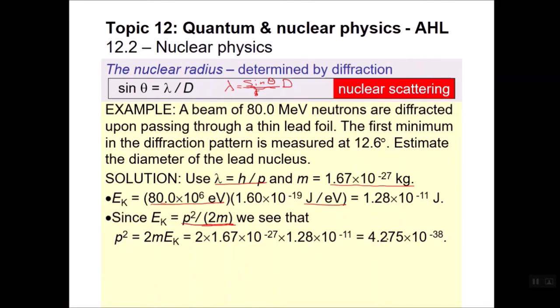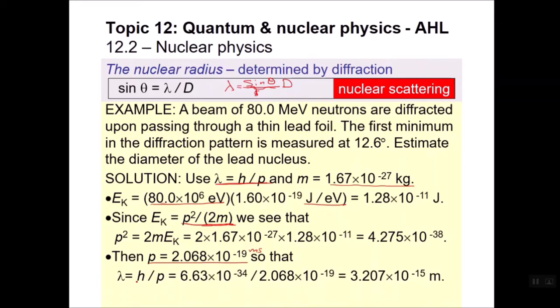That is momentum squared, so we take the square root of that, and we get momentum is this many meters per second, and then we can substitute that in up here. We know Planck's constant, we've calculated the momentum, and so all we have to do is divide. Planck's constant divided by our momentum gives us a wavelength of 3.207 times 10 to the minus 15th meters.